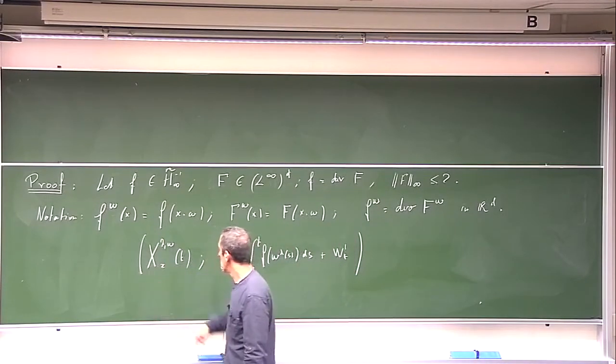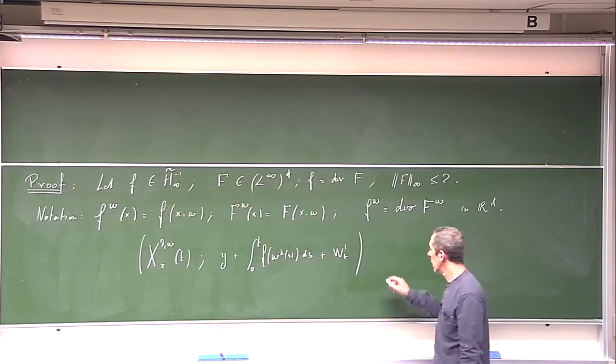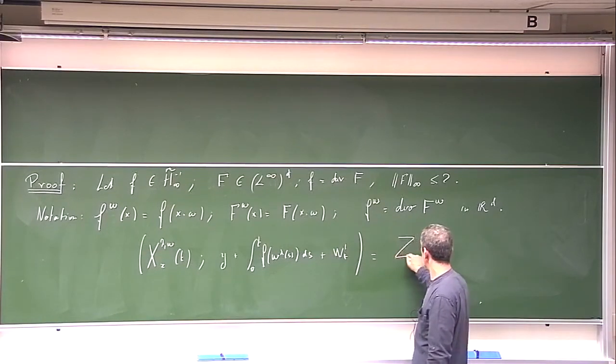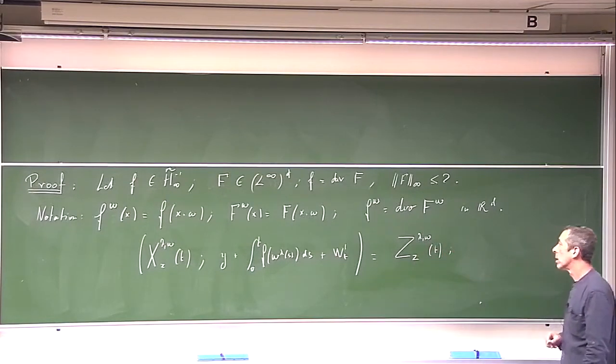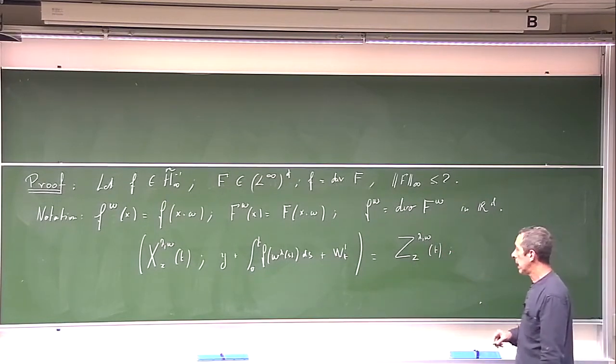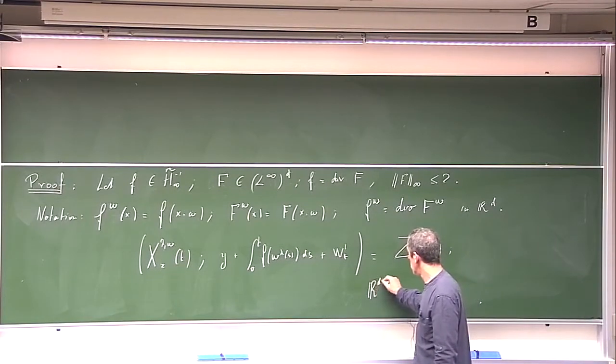So let us look at this R^d plus one-dimensional process, which we denote by Z. So it depends on lambda, omega. It starts from a certain point z at time t. So the notation is as follows. This process is R^d plus one valued.